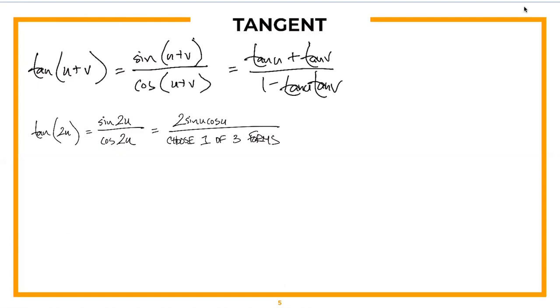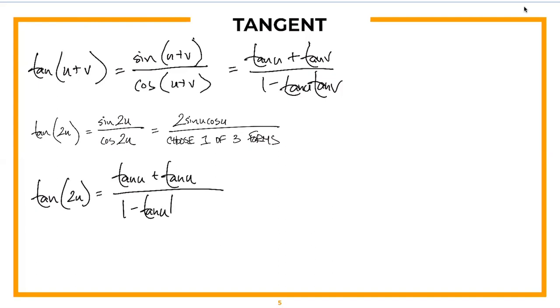Okay, so let's take this second version and see what happens if we plug in U everywhere we see a V. That would give us tan U plus tan U over 1 minus tan U tan U.